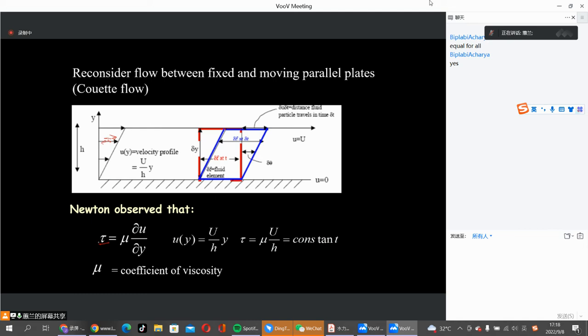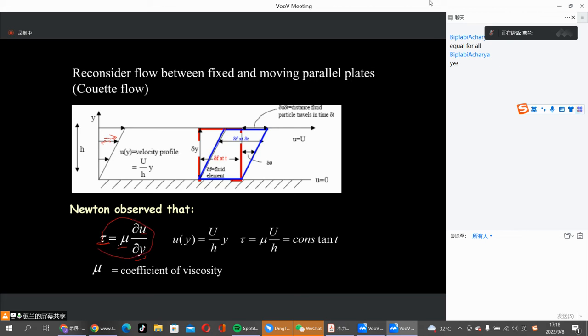Okay, for this shear stress, Newton found out that it is equal to the fluid viscosity times the spatial derivative of the velocity. This is the velocity, this is the coordinate y, and Newton found this function.